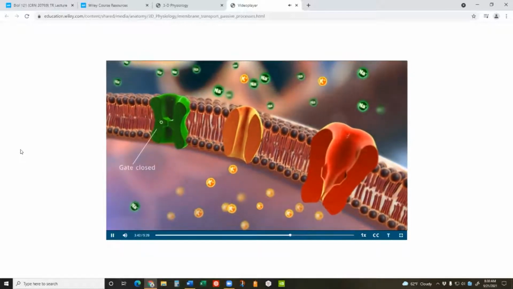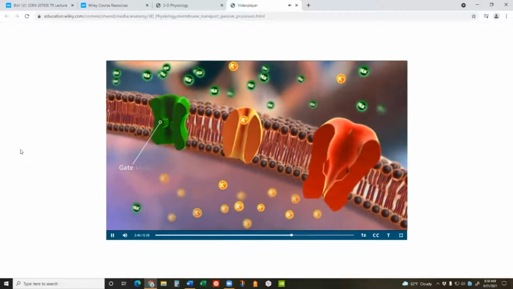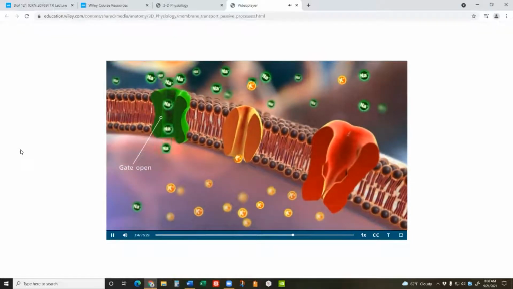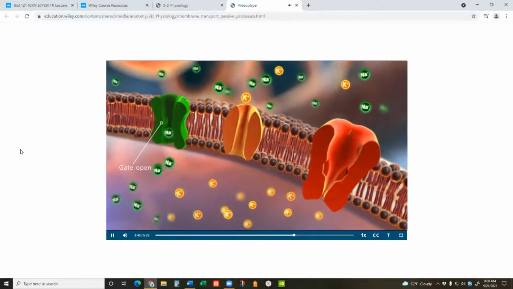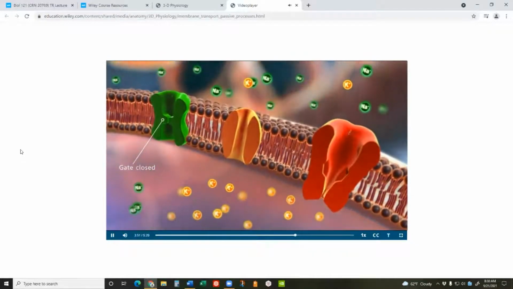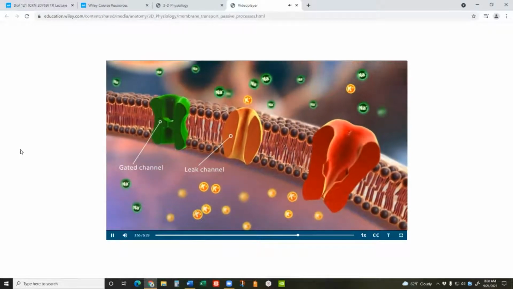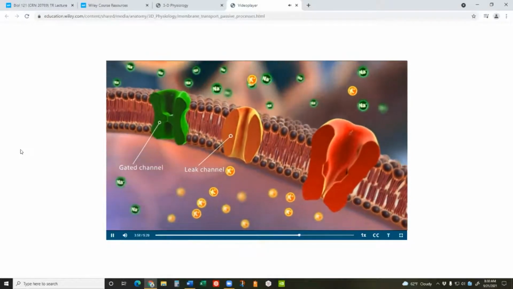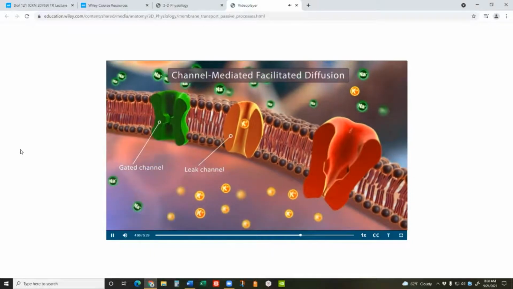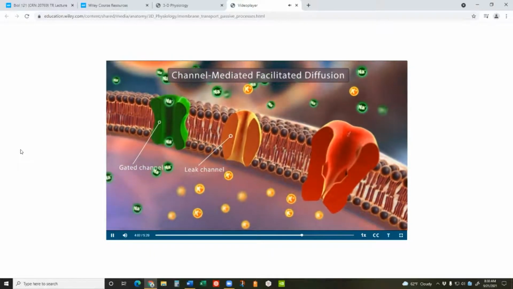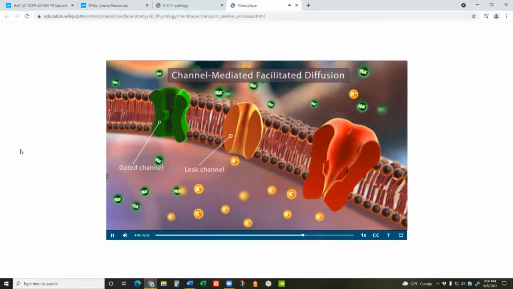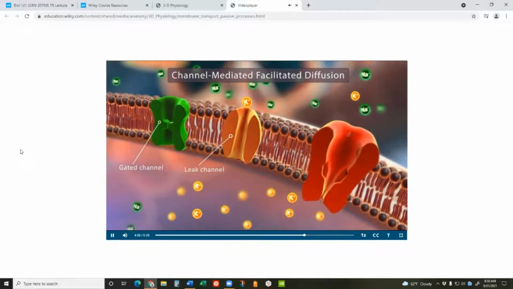Most ion channels change shape, acting as if they have gates that open and close to allow or restrict ion passage. In another type of ion channel, a leak channel, ions pass slowly but almost continuously through the channel. During this facilitated process, substances diffuse down their electrochemical gradients.